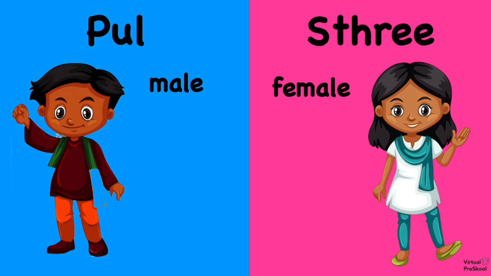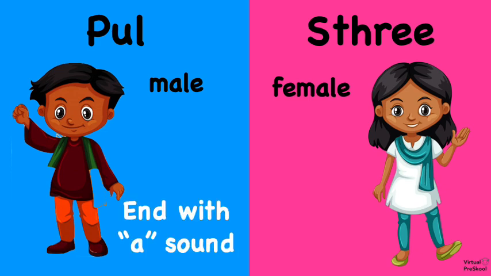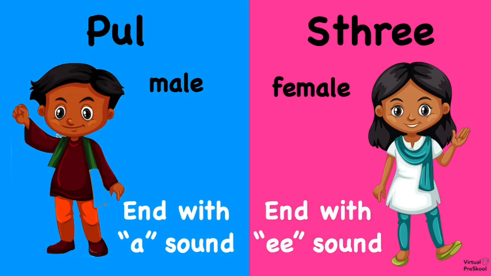So how do we know which noun category the noun falls into? There are two simple rules to follow. If the Hindi word for the noun ends with an a sound, then usually it is a pull noun. And if the Hindi word for the noun ends with an e sound, then usually it's a stri noun.